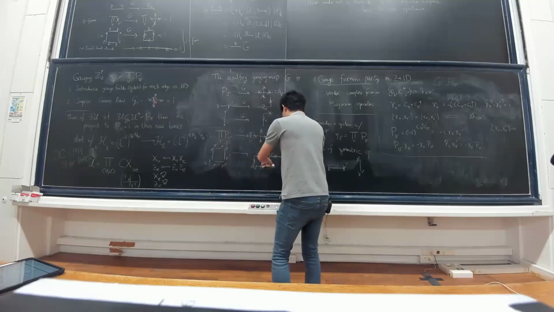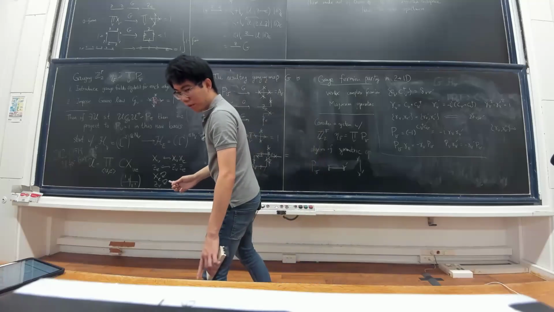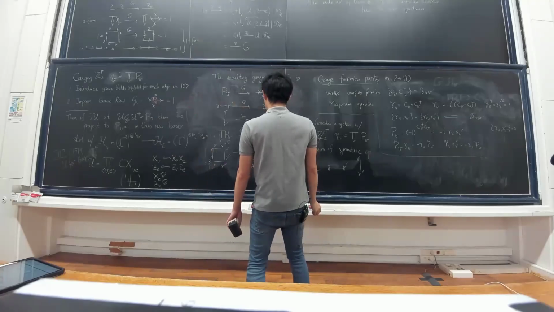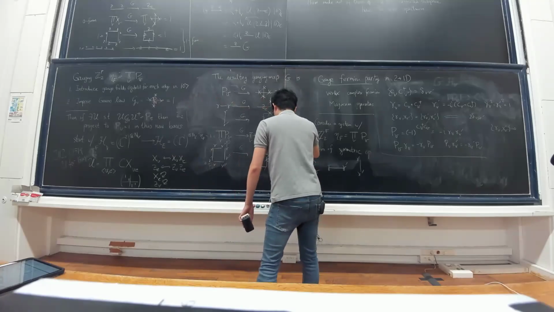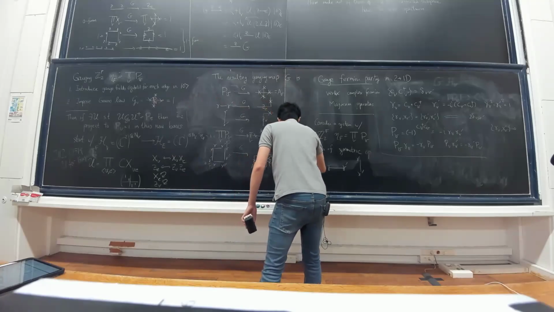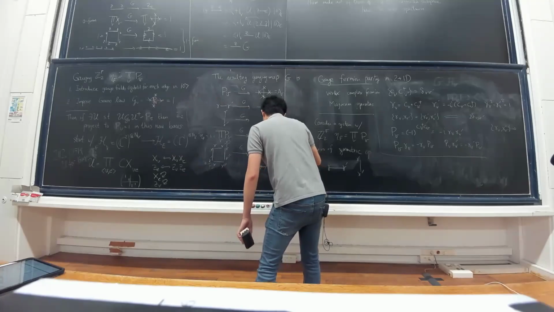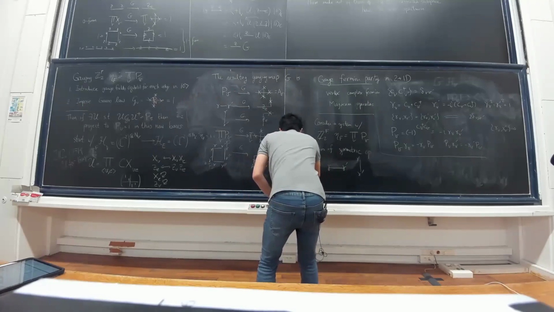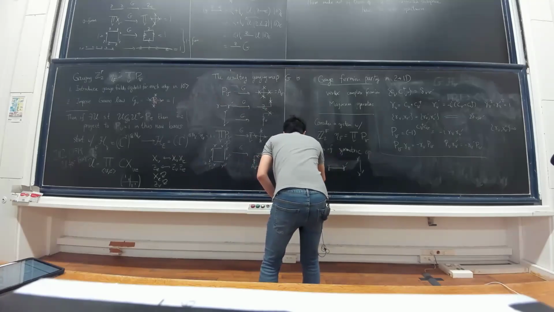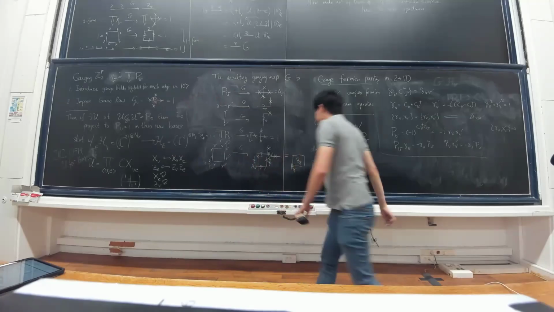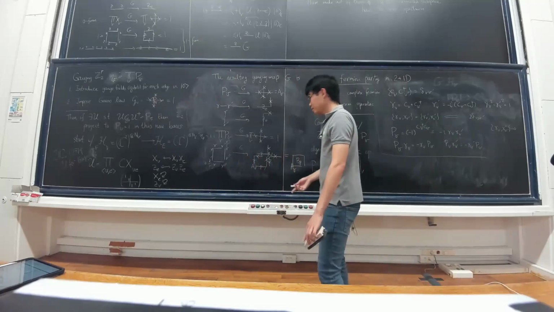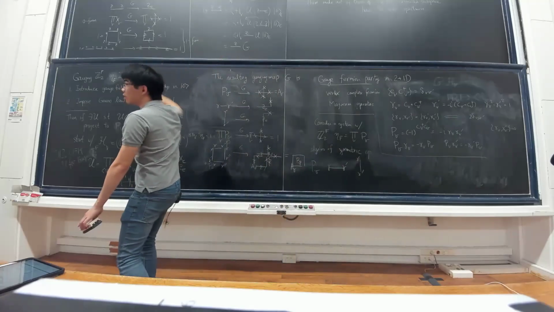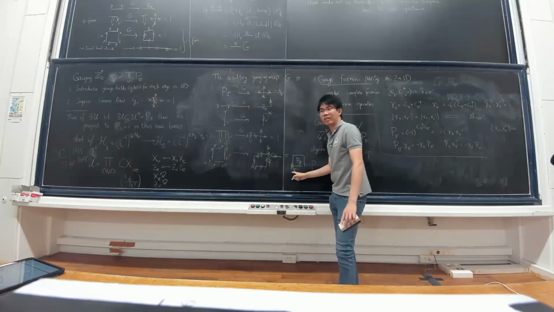You have to clear up all these cancellations, but then you will find this part, times A. So instead of the usual plaquette term with V, there's an A_V attached down here.